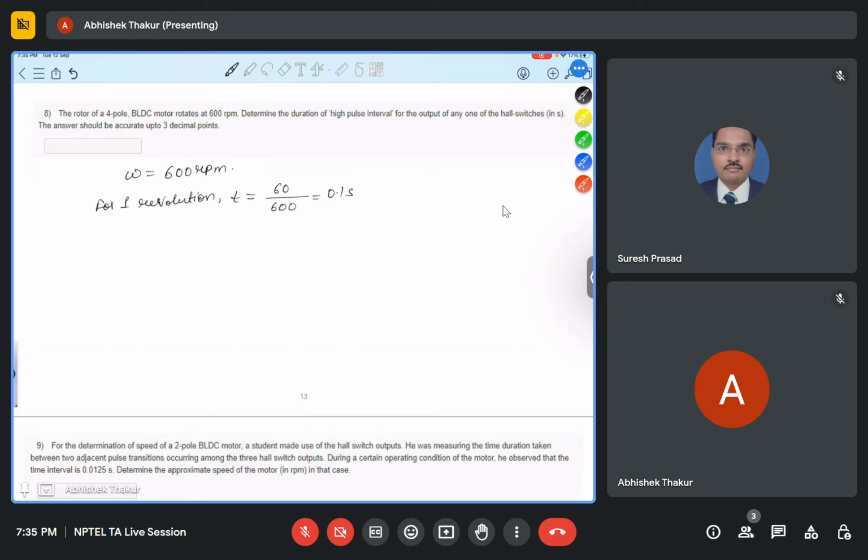Since the number of poles is 4, one mechanical revolution is equivalent to two electrical cycles.